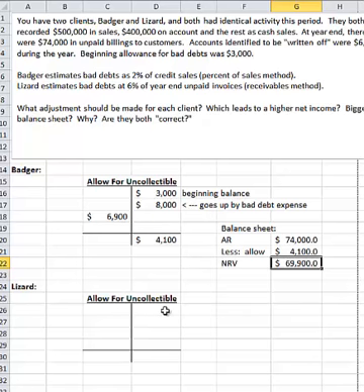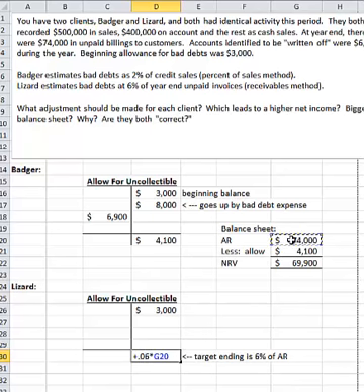Alright, let's do Lizard. Lizard also has a $3,000 beginning balance in their allowance account. And since their method is percentage of receivables, their method is to estimate the target ending balance. So they want the ending balance in the allowance to be adequate to cover 6% of what's not yet collected. So what we need is 6% times the amount not yet collected as of year end, 6% of accounts receivable.